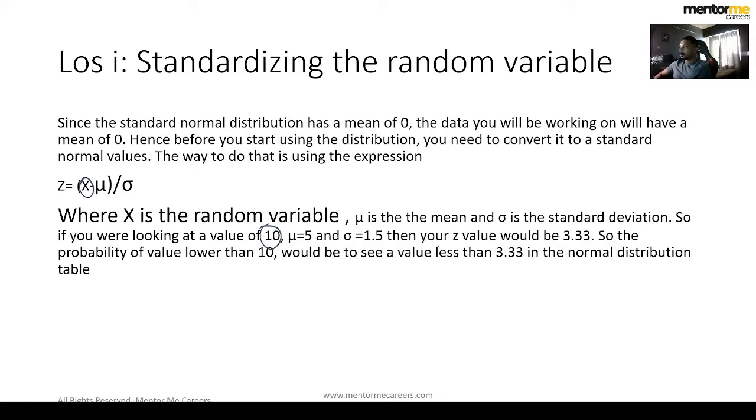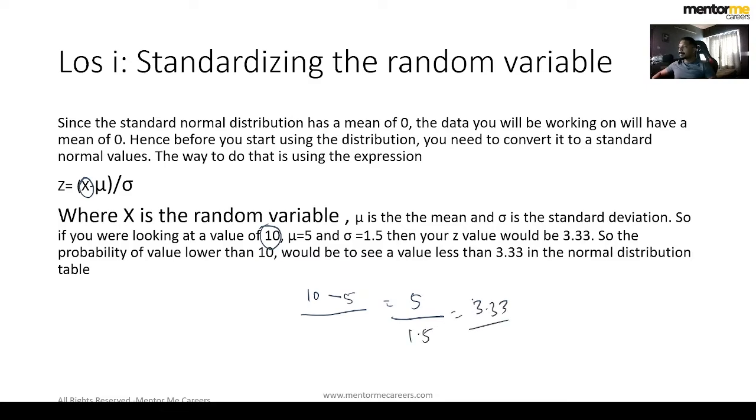You would take 10, and your mean is 5, so you reduce whatever value you are dealing with by the mean of your data set. That gives you the distance between the mean and the value you are looking at, which is 5. And then you just divide by the standard deviation of your data set, which is, let's say, 1.5. So it gives you 3.3.